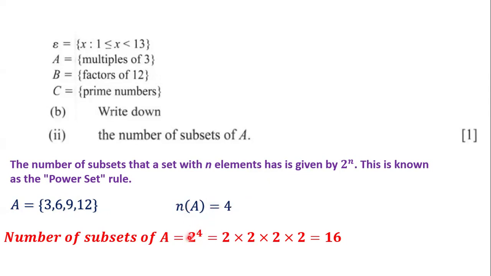So it's 2 to the power of 4, which is 2 times 2 times 2 times 2, which is 16. So the number of subsets of A is 16. And that's the answer to this question.